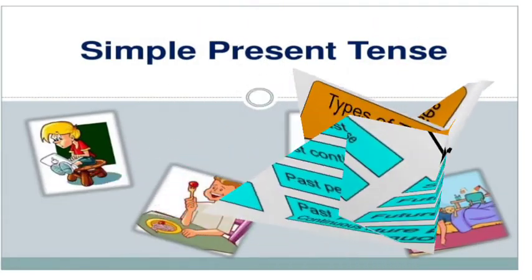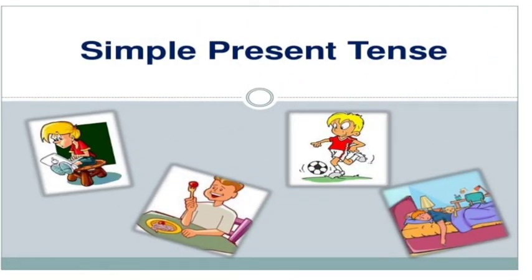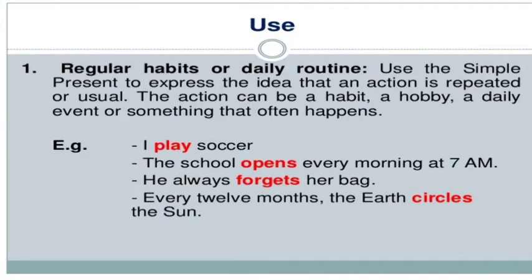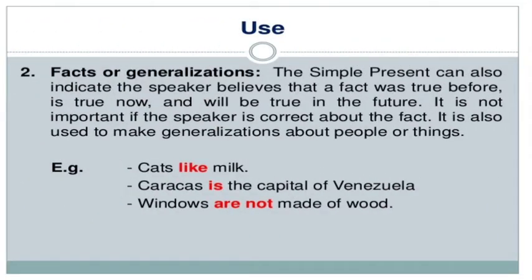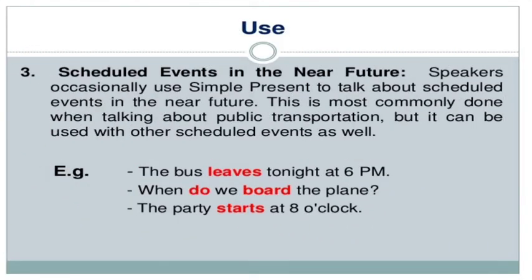So let's start with what is present tense, or you can say simple present tense, and where we use this. For regular habits or daily routines, we use simple present tense. Then for scientific facts and generalizations, proverbs and scheduled events in the near future, we use simple present tense.